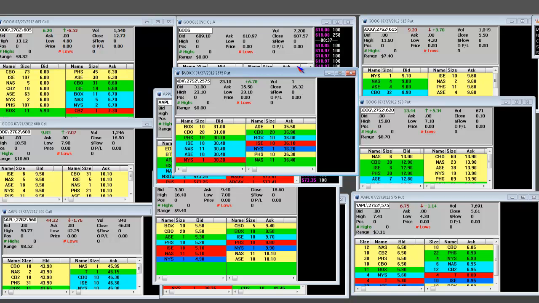575 puts that were marked up, the last print was 23.10, the high was 23.10, the low was 23.10. Well, I can tell you right now, I want an alarm set at $15.50 if it falls below $15.50, because I'm going to watch and see how much of that markdown.